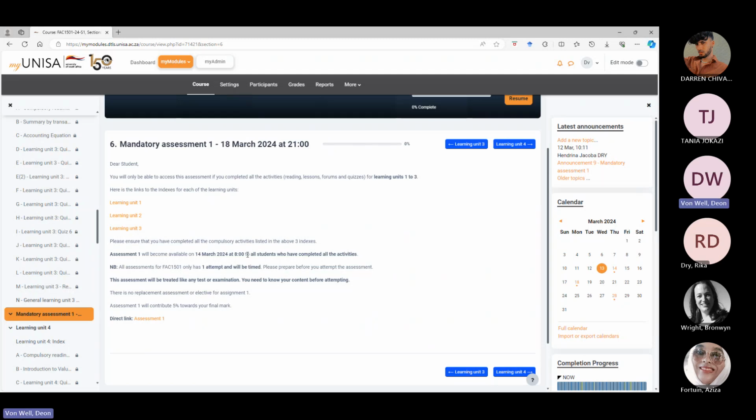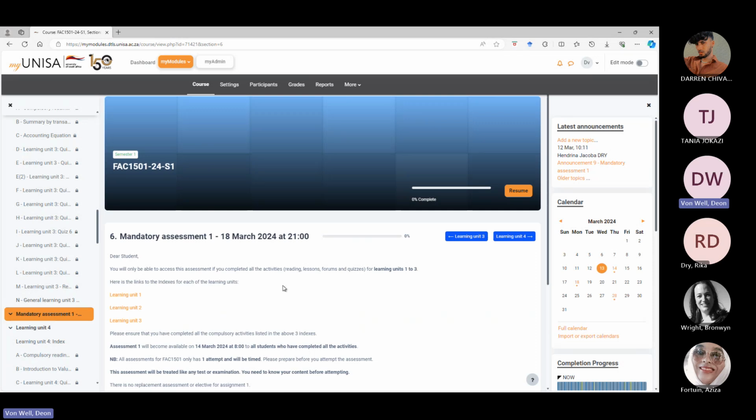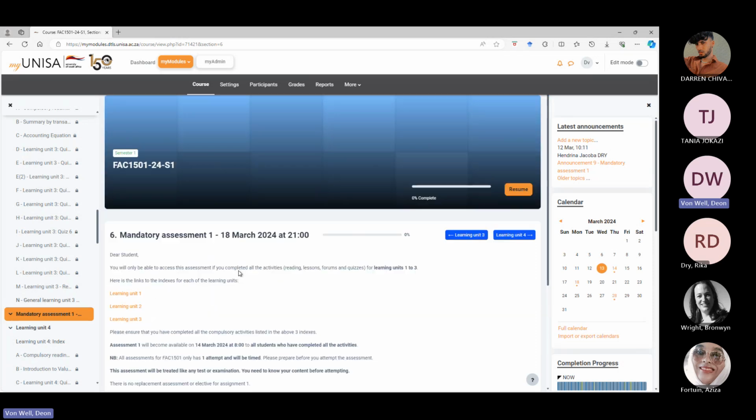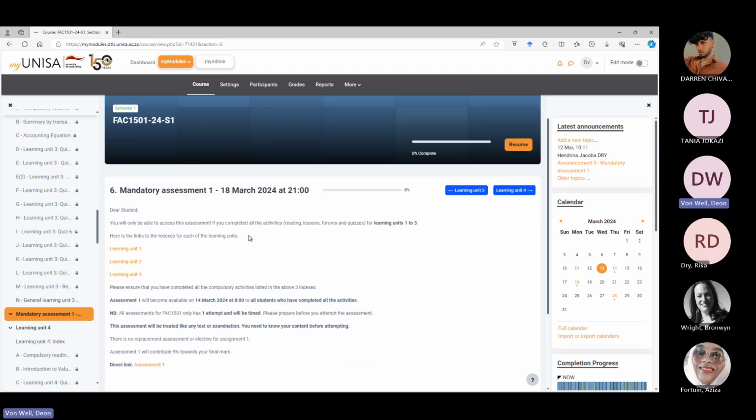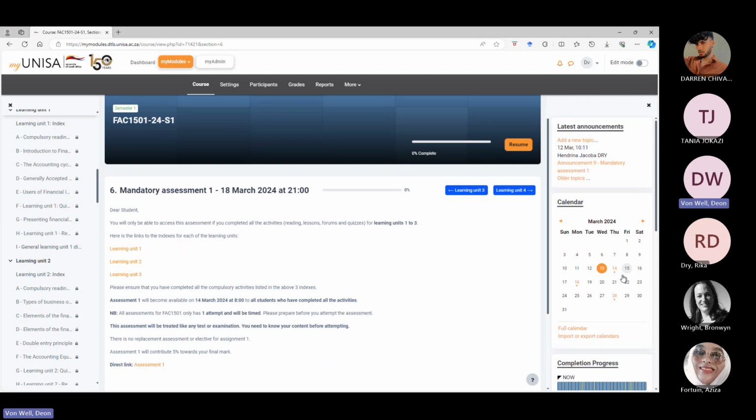So rather do it sooner than later. That's just giving you the basic background and refreshing your memory regarding the use of my modules. Like I said, very important: check your announcements, check your due dates. Those are the two important things to do. Now let's move to the learning material.